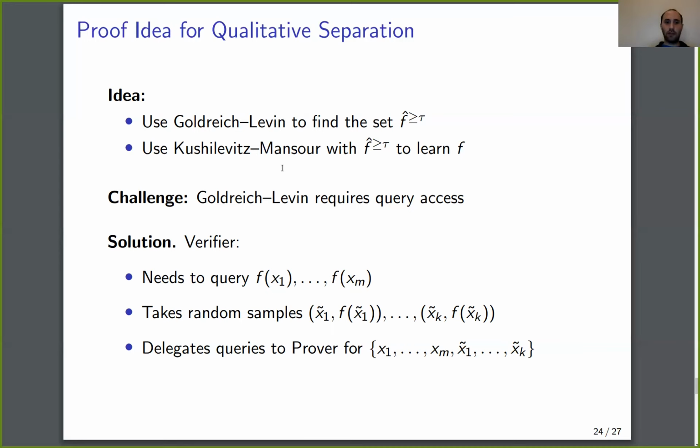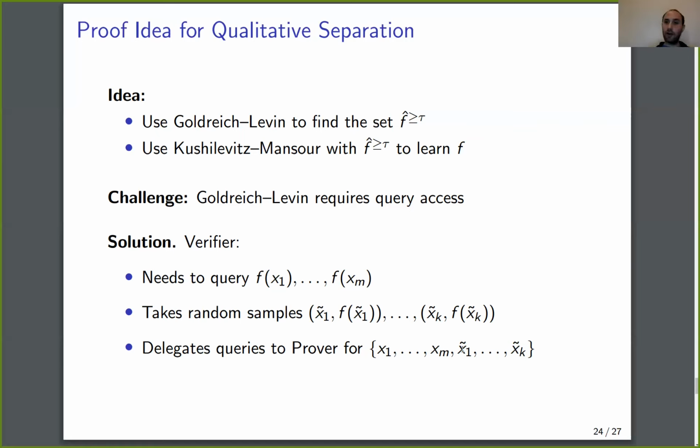However, if the prover was not honest, how is it not honest? It sends some answers that are not correct. So instead of sending f of x, it sends some other value for some of these x's. But in that case, the verifier will detect that the prover is dishonest with high probability, because if we choose the number of x tildes correctly, then with high probability, if you're dishonest enough, you're going to hit some of these x tildes.